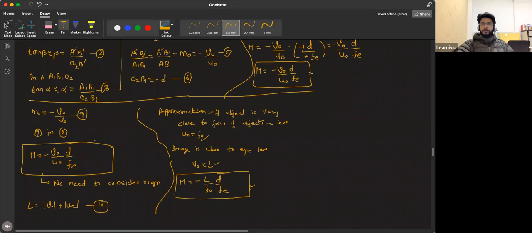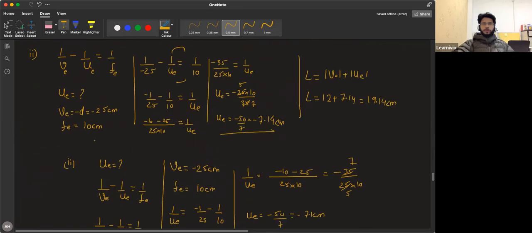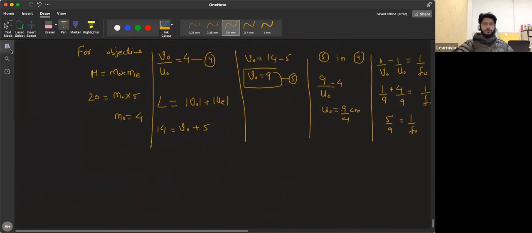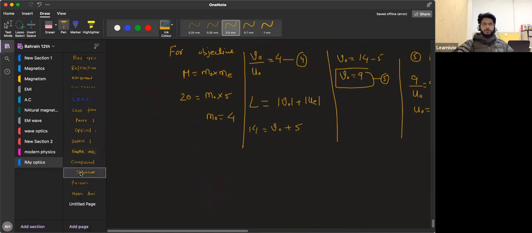Yes, written. Can I scroll it now? Yes, sure. We'll do this numerical. It's a very lengthy numerical. Do it later, but right now we'll concentrate on telescope.